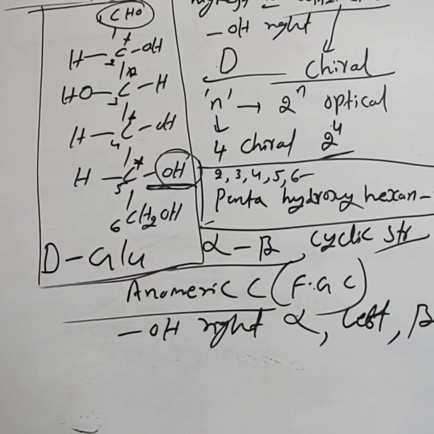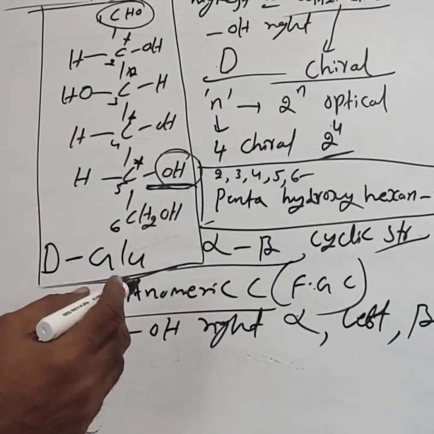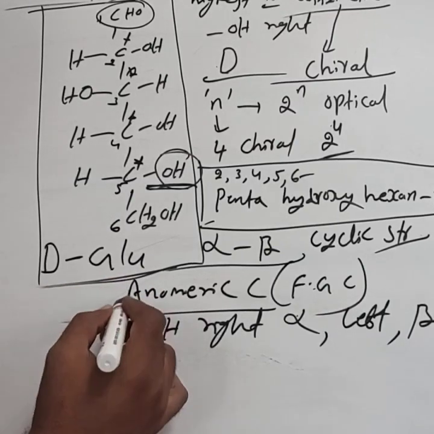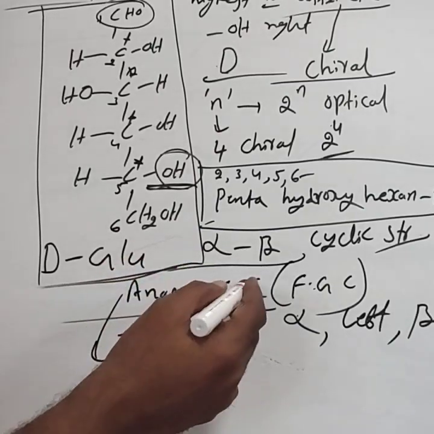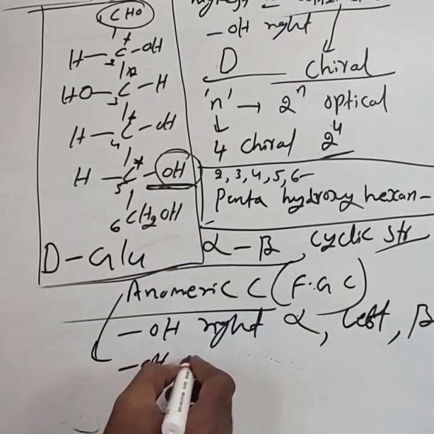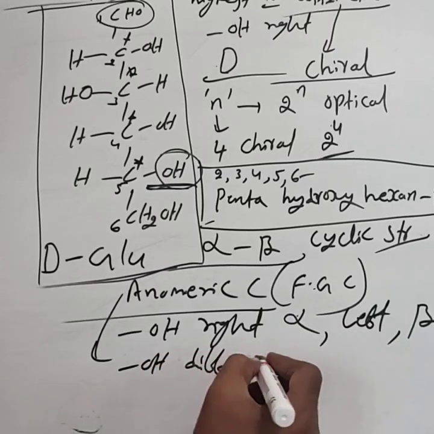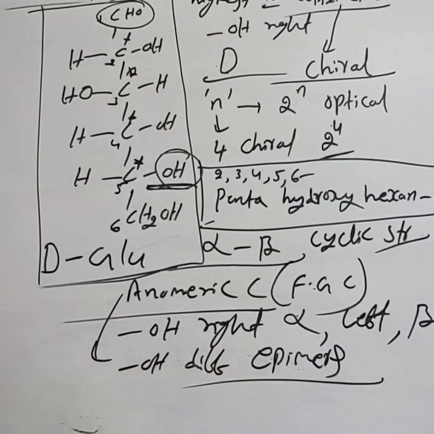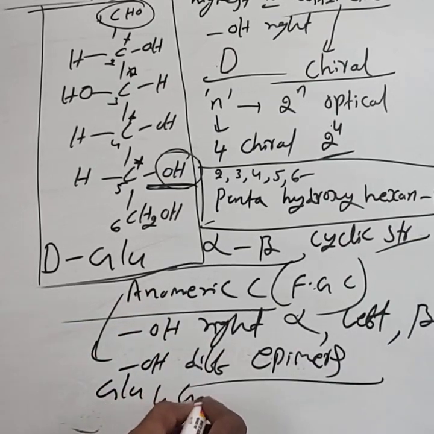Other than the anomeric carbon atom, if the OH group configuration is different, those are called epimers. Epimers means other than the anomeric carbon atom, the OH group position is different, either right or left. An example of epimers is glucose and galactose.